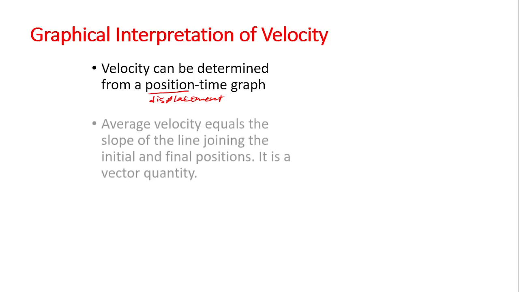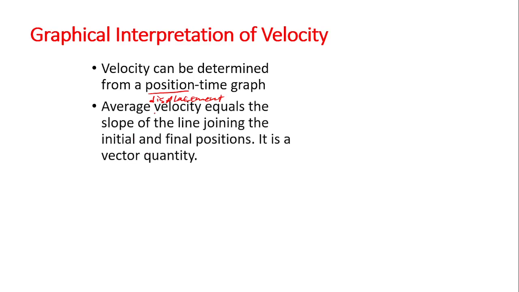Then from there, you need to understand that average velocity equals the slope of the line joining the initial and final positions or displacement. Ladies and gentlemen, what I'm teaching today is mostly focused on MCQs, and this will help you understand how to solve them.